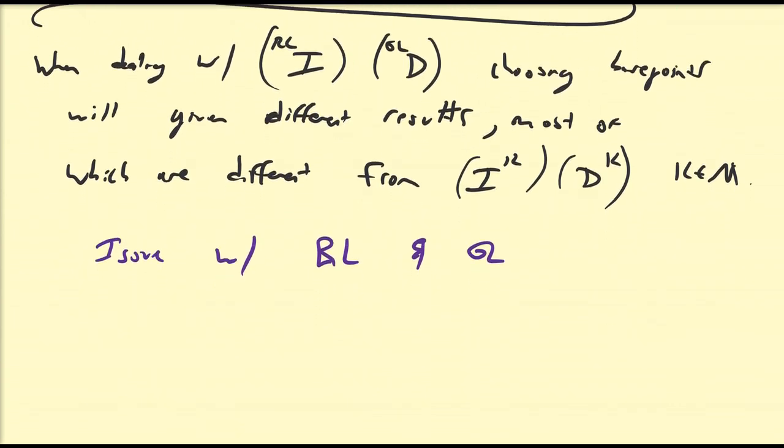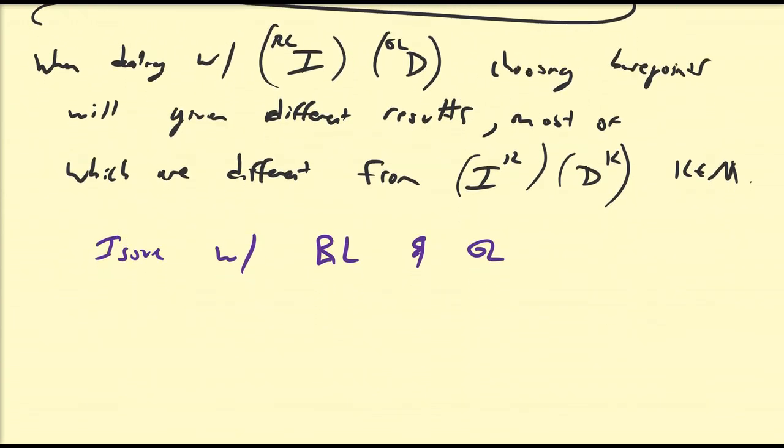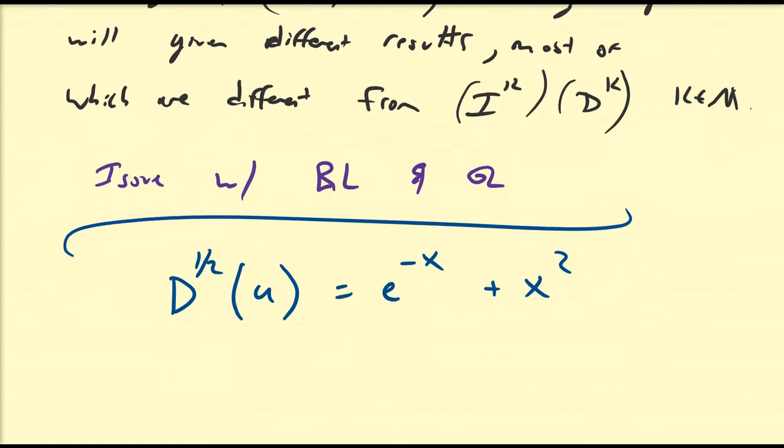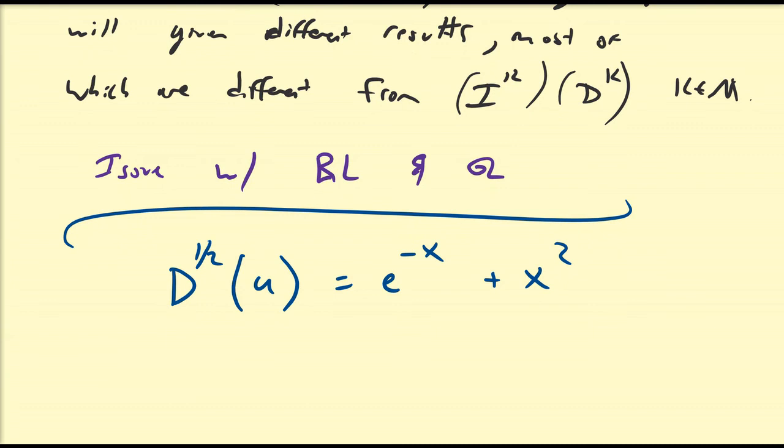So we know base point 0 works well with polynomials, base point minus infinity works well with sine, cosine, and exponentials. So when we start solving, say, fractional differential equations, let us assume I have, say, the half derivative of u is equal to, I don't know, e to the minus x plus x squared, right? So how will I deal with this problem, right?